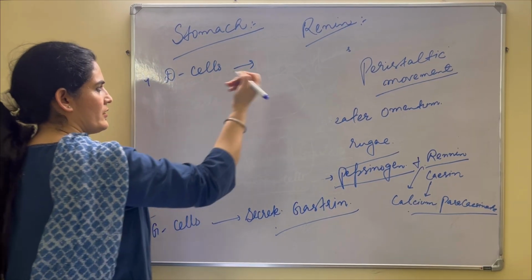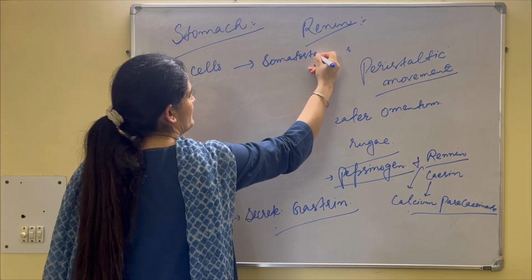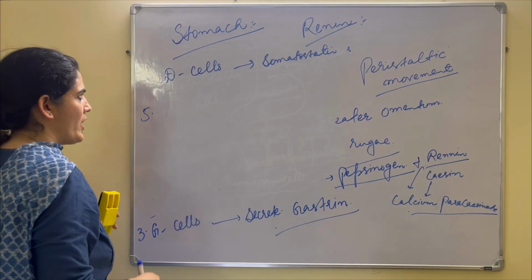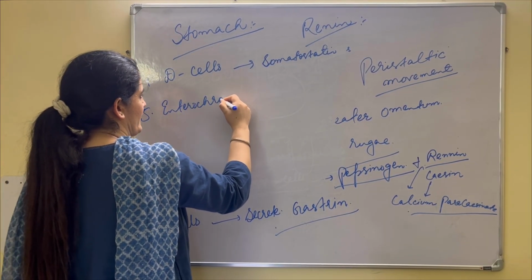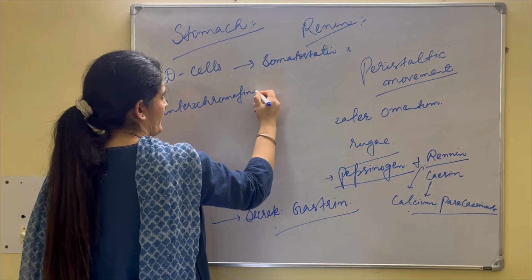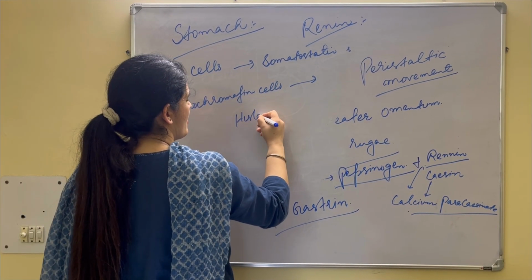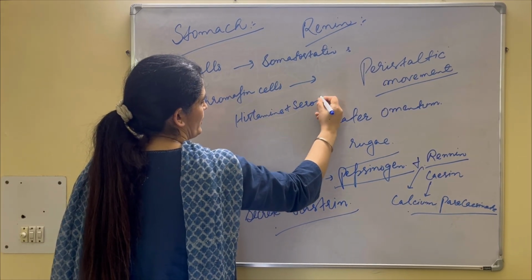D cells secrete somatostatin, and then we have the fifth one, which is the enterochromaffin cells. They release histamine and serotonin.